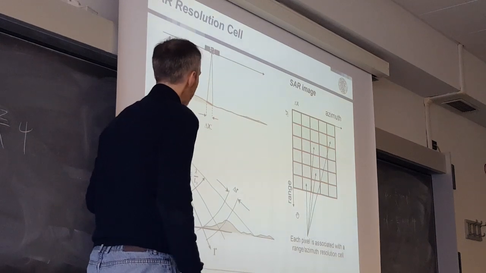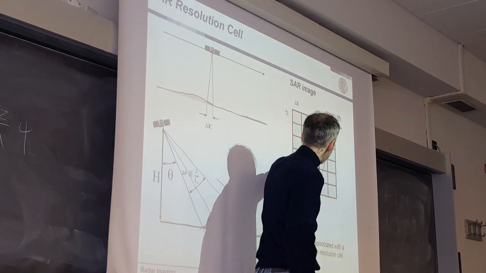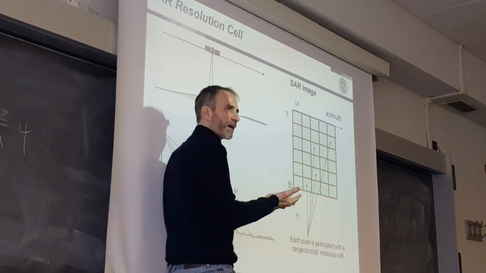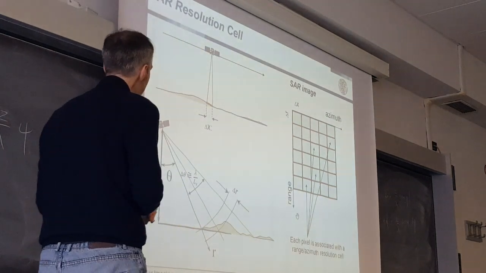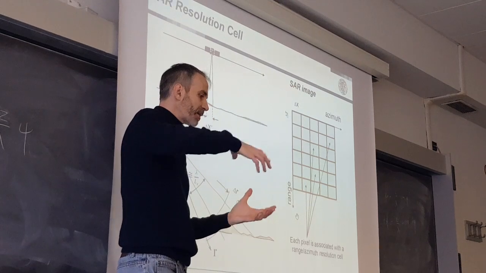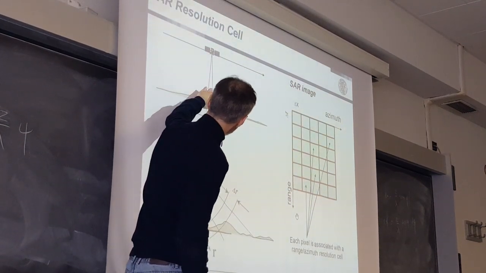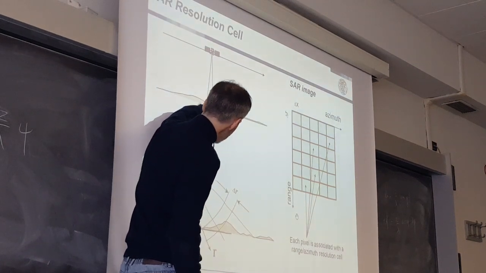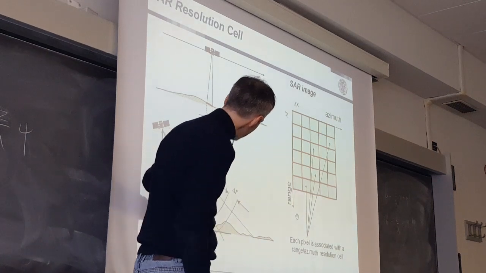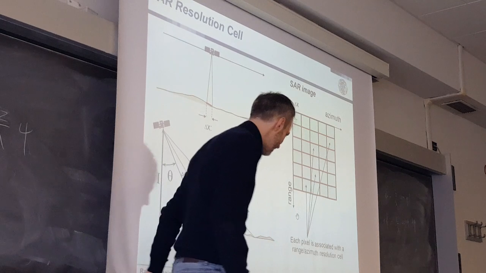The amplitude that you read in every pixel of the SAR image is the result of everything in this bicycle tire, which, in the elevation plane, is everything that falls here at the same range.